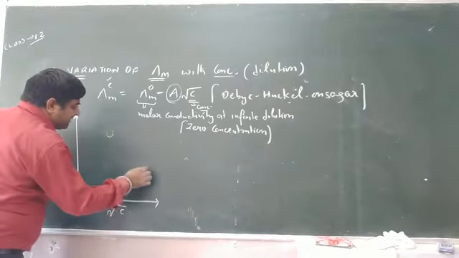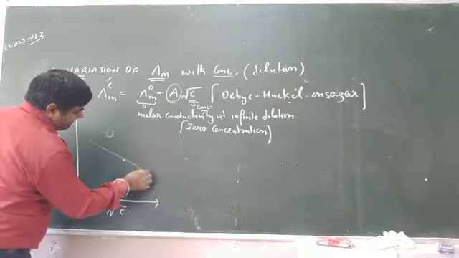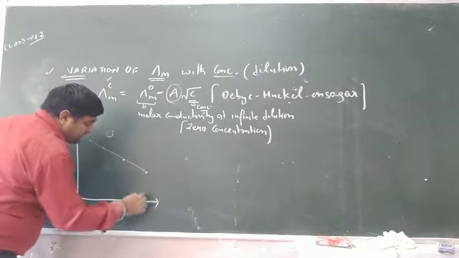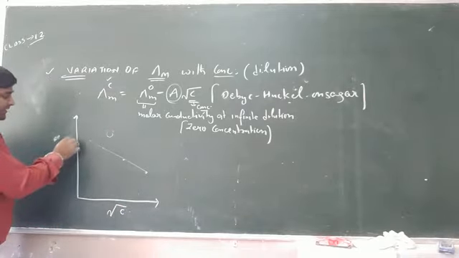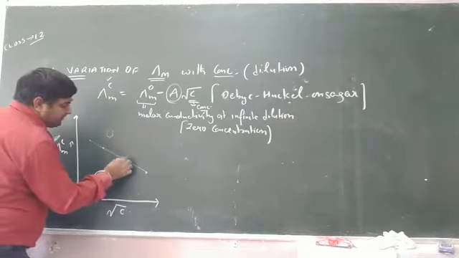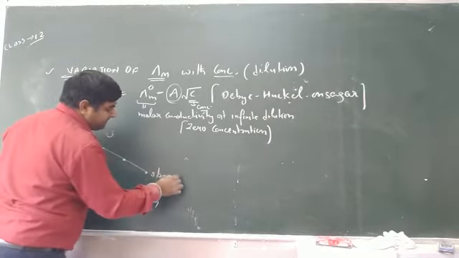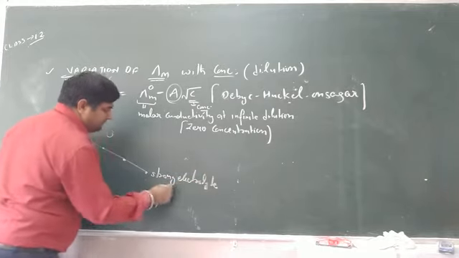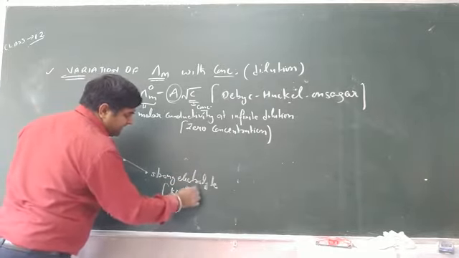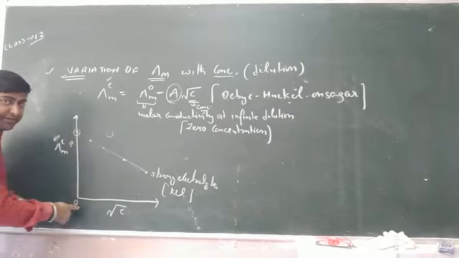Now, this is a graph for a strong electrolyte, for example KCl. They took the value of under root C versus lambda m.